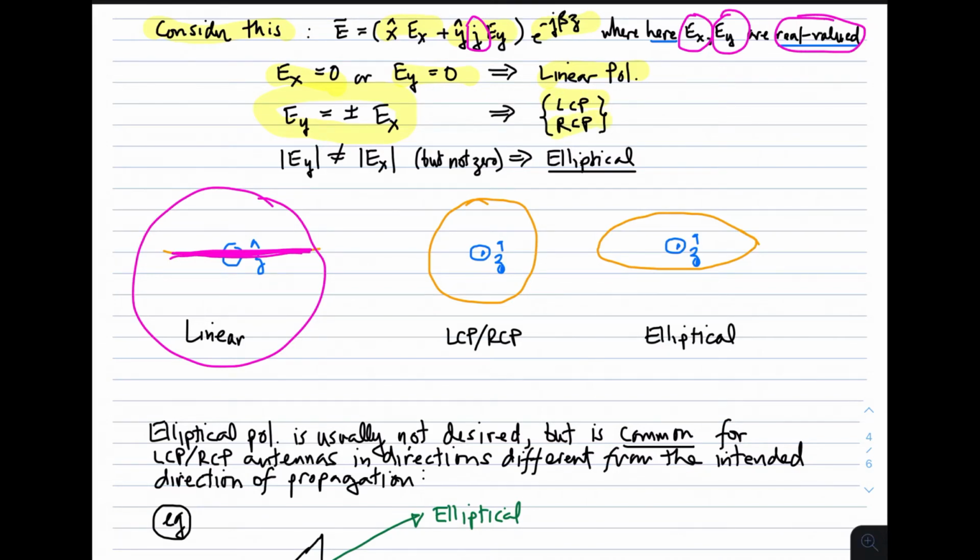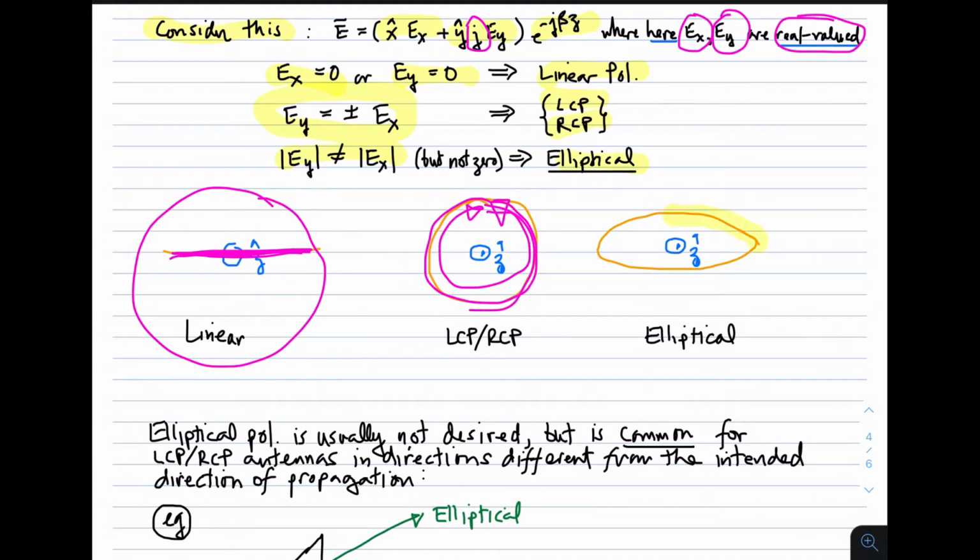In this case, the electric field vector is rotating either this way or in the opposite direction, but it's tracing out a circle. Now the general case is when the magnitudes of Ex and Ey are not equal to 0 and also not equal to each other, in which case we end up with elliptical polarization.